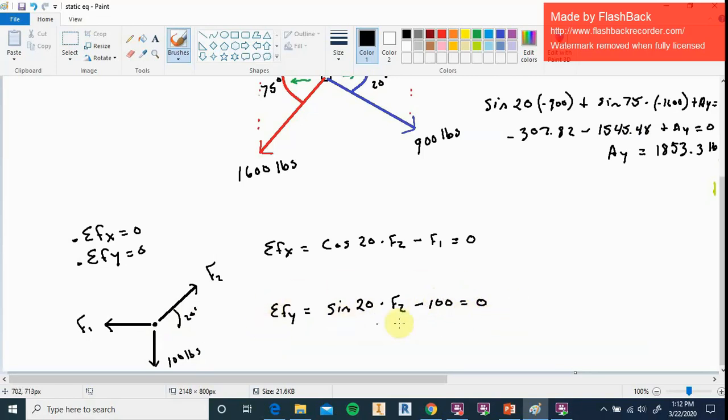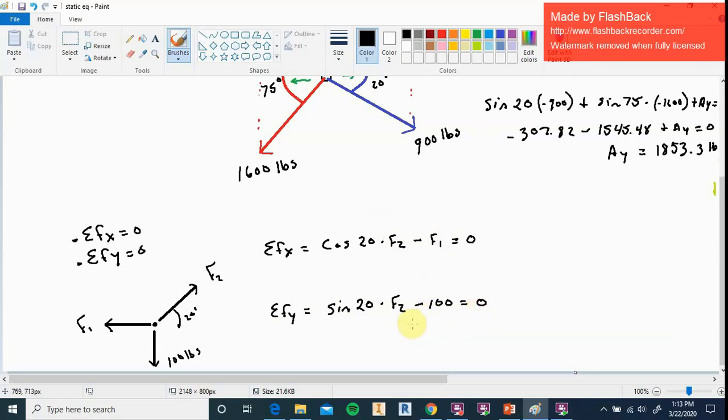Now in this one here, sum of the forces in y, it looks like I can solve for that. I can solve in terms of F2. And then once I get F2, I can substitute that in up here and solve for F1. Okay, so sine of 20 times F2. Basically we're going to move the 100 over here.